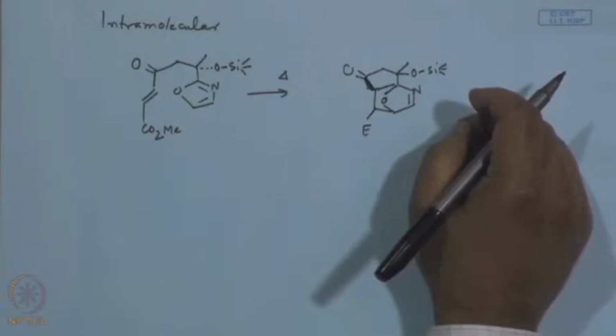So, is there any possibility of Rickert reaction, meaning retro Diels-Alder reaction? See, what you have to look for in a retro Diels-Alder reaction is a 6-membered ring, be it a carbocycle or heterocyclic.